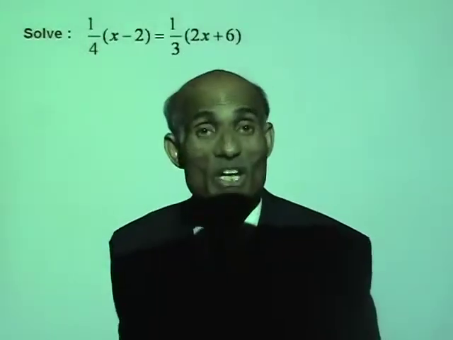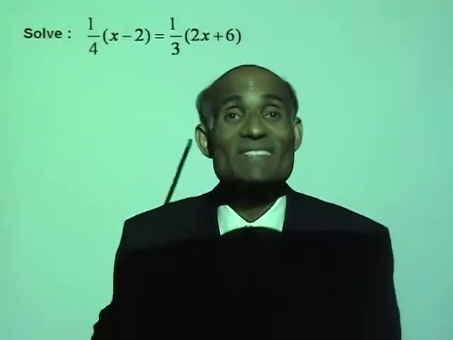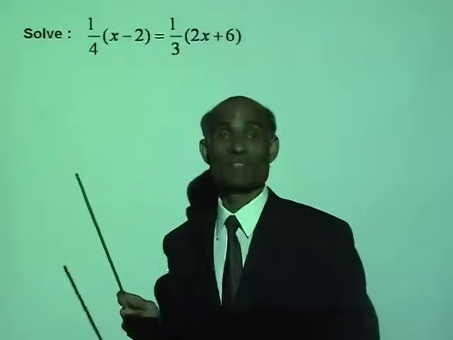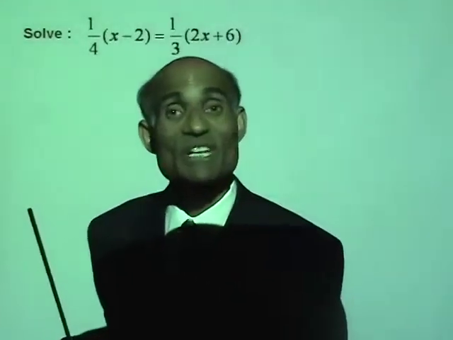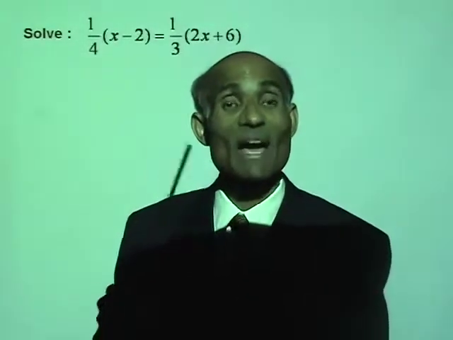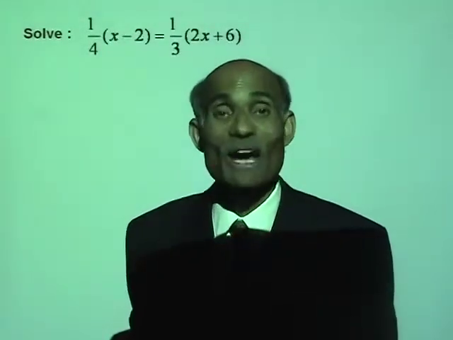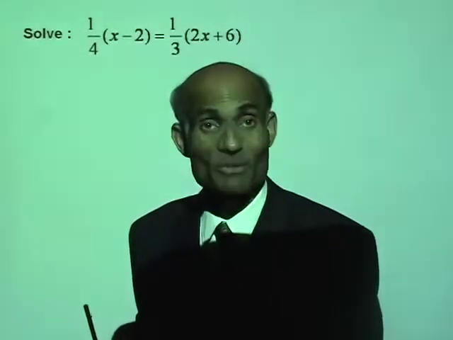And that convenient number is actually the LCD of these two denominators. Tell me, what is the LCD of 4 and 3? The LCD of 4 and 3 is 12.